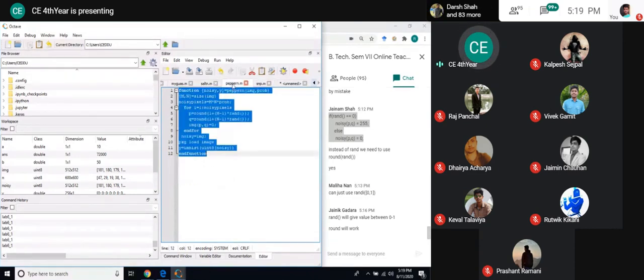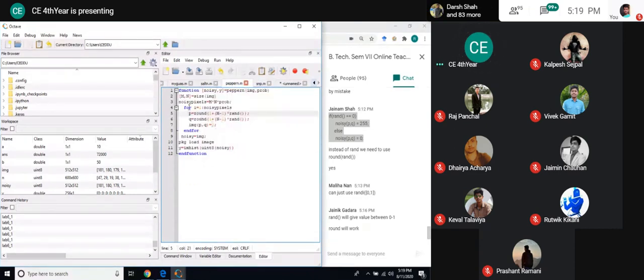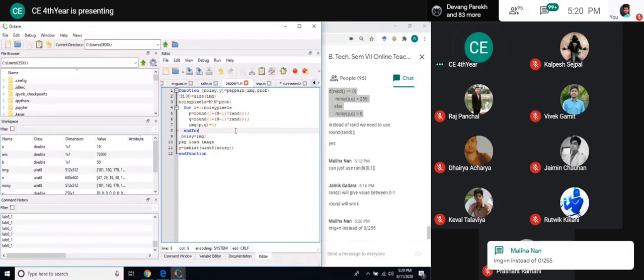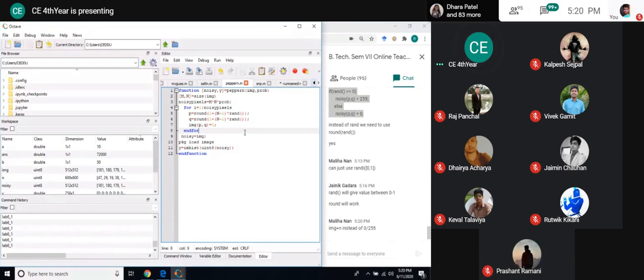I should take this. How to do that? Tell me. What I want is for those coordinates, the noise should be generated and added. So what will be the change here? Yes, it should be image plus n instead of 0 and 255.